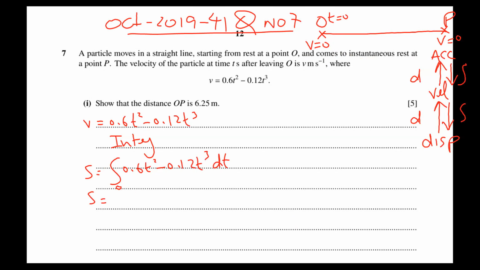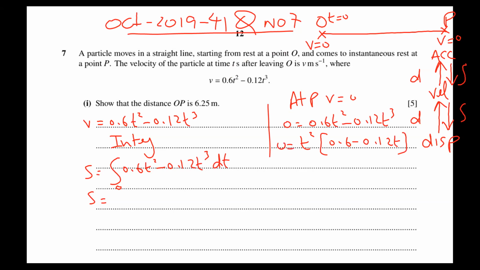How will I find that time? Because the velocity is 0 at P, I put velocity 0 here: 0 equals 0.6 t to power 2 minus 0.1 t to power 3. So t squared is common. Here I get 0.6 and 0.1 t, and this equals 0.